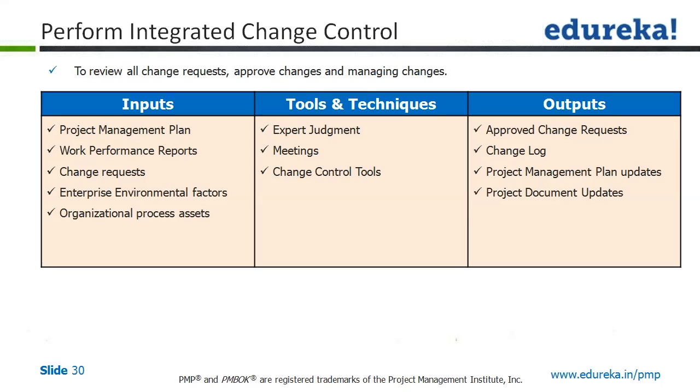The output this process yields is an approved change request, because it is the process of change control. So of course it would lead to change requests and approved change requests, and various change logs because you are making the changes. The other two outputs remain the same as our previous process, which are project management plan update and project document updates.